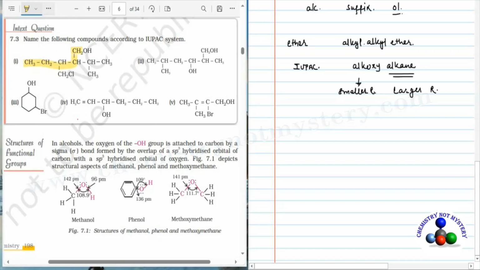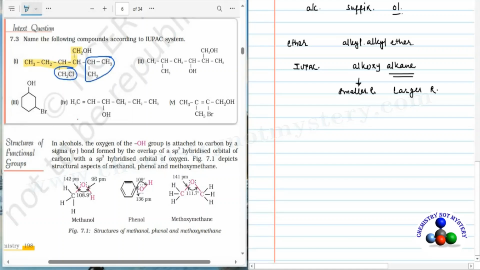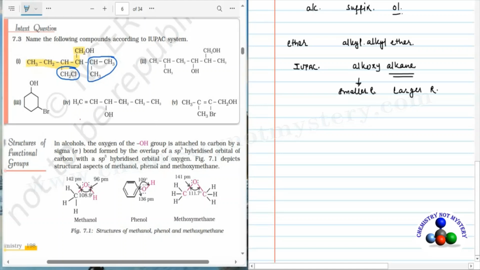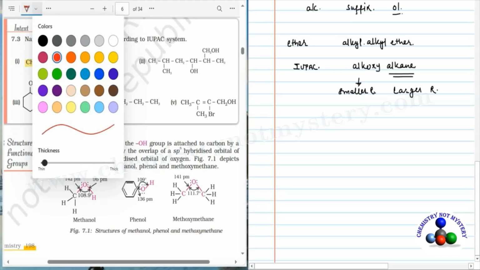Now identify the substituent. So here there is one, this bigger substituent, and this is another substituent. As this is a complex substituent, you have to name it separate. Now select the longest carbon chain to which it is bonded to the main chain. So here it is 2 carbon long and there is another substituent, methyl.